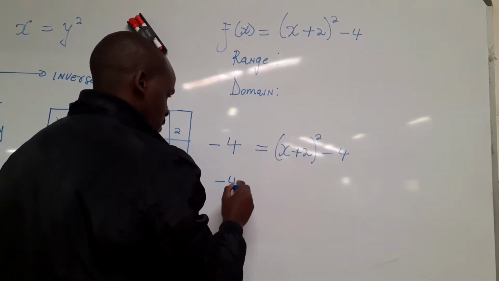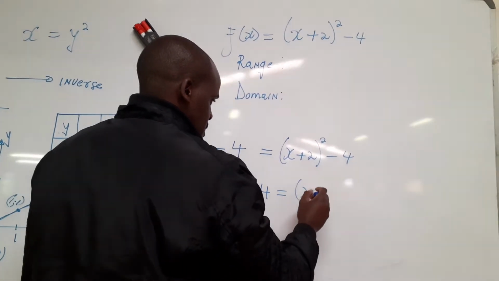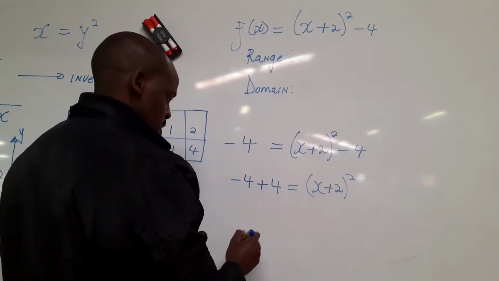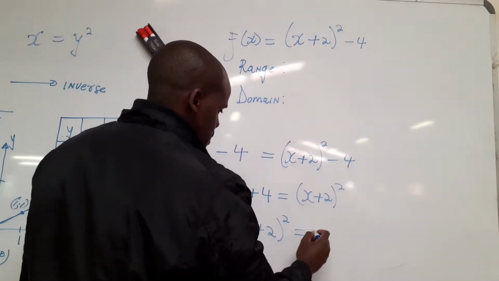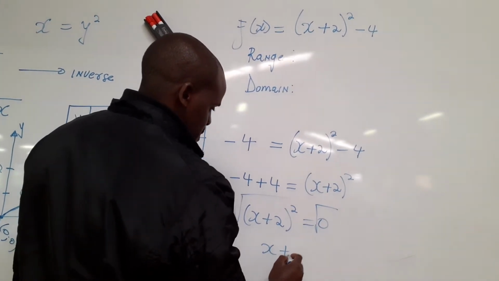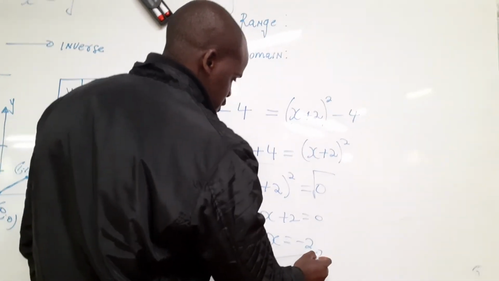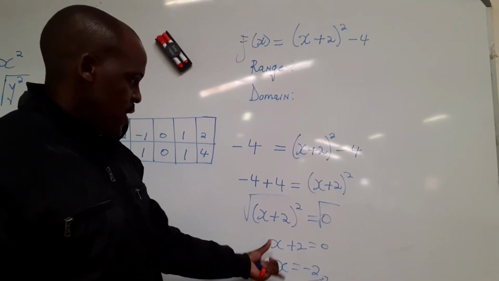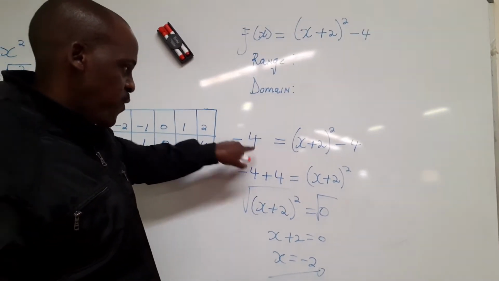It's minus 4 plus 4 equals x plus 2 all squared. This is 0. Therefore, x plus 2 is equal to 0. We solve for x. Therefore, x is equal to negative 2, which means x exists if y is equal to negative 4.